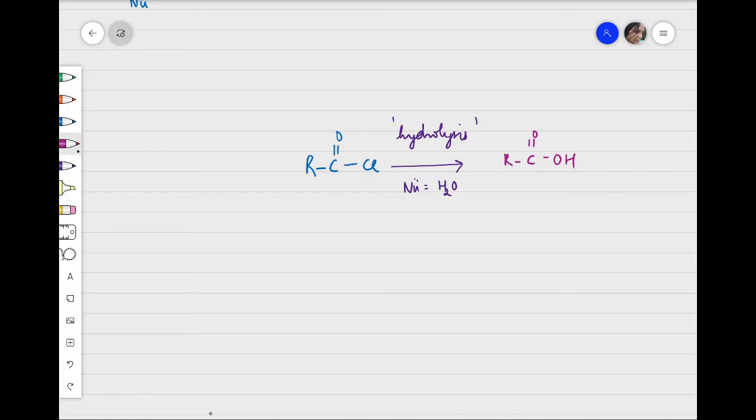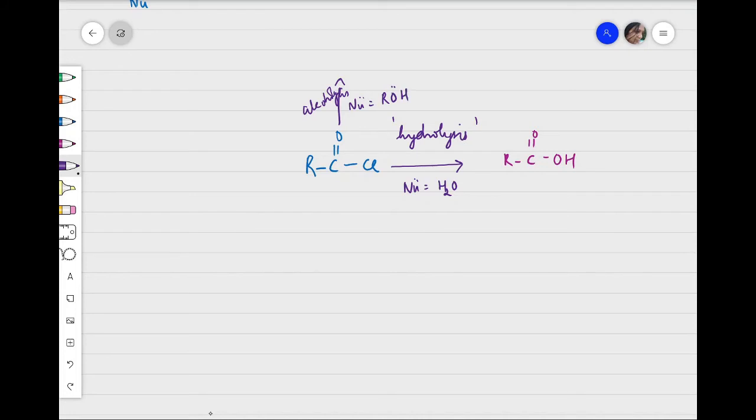The next reaction we can discuss under the same nucleophilic acyl substitution is alcoholysis. Now here the nucleophile is my alcohol.